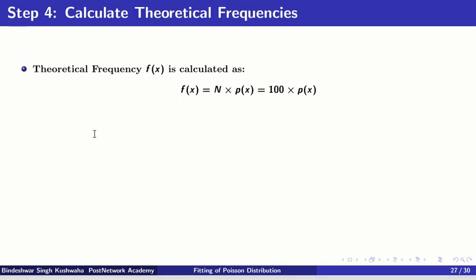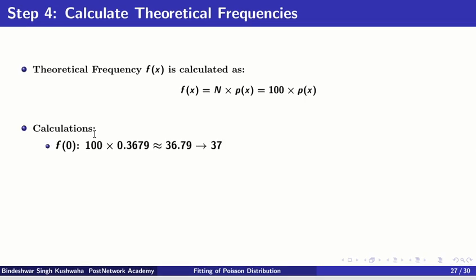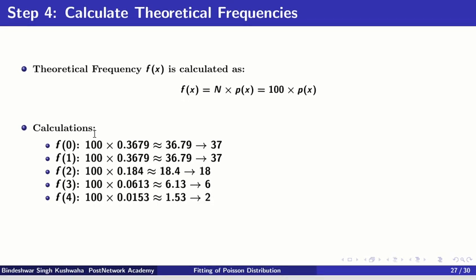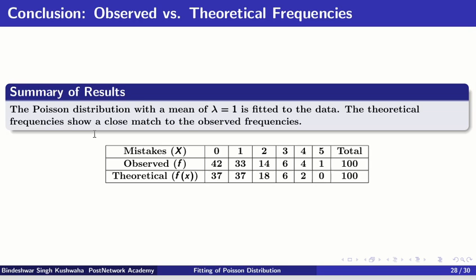Now for the theoretical frequency, you multiply by N. We have capital N equal to 100, so we multiply it by Px. The first is 37, the second again 37, thereafter f2 is 18, f3 is 6, f4 is 2, f5 is 0.